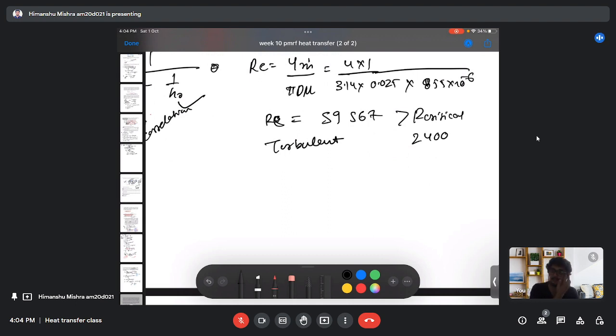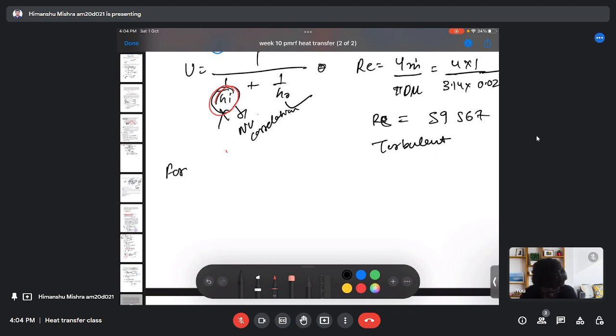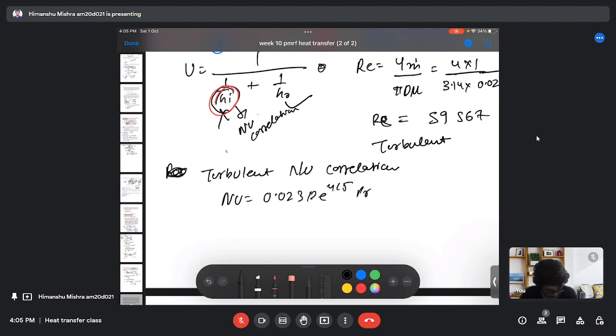So I need the turbulent Nusselt number correlation to find the internal heat transfer coefficient. The turbulent Nusselt number correlation we know is as follows.